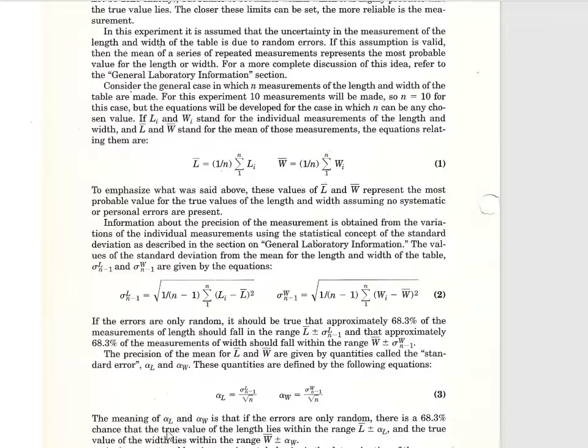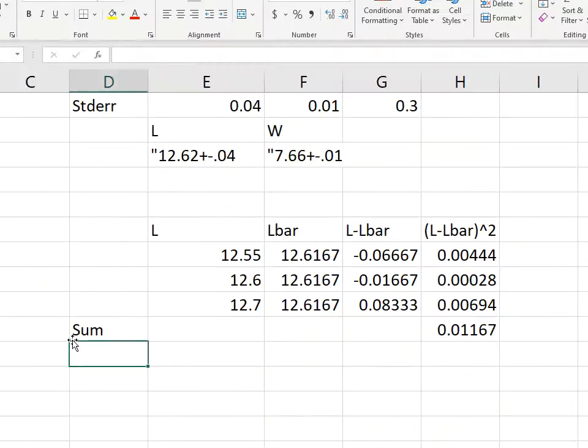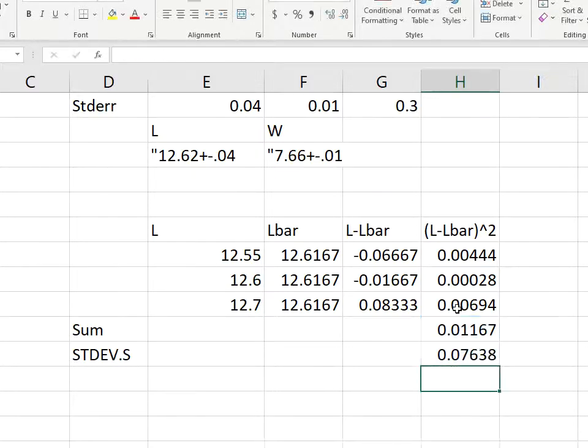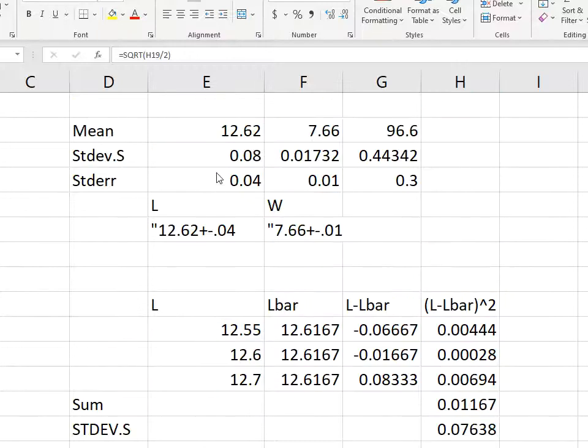So the standard deviation, s, equals the square root of this quantity divided by 2, 0.07638. So if I've done that right, it should match this value here.